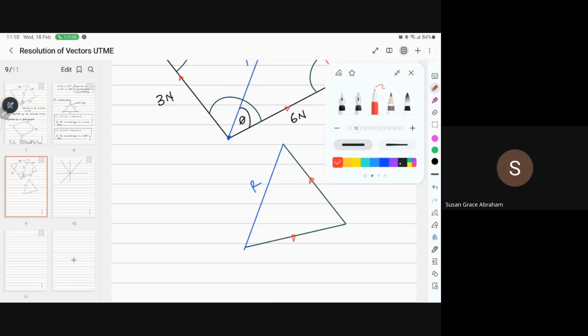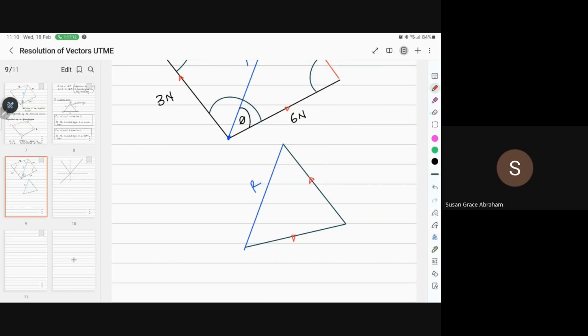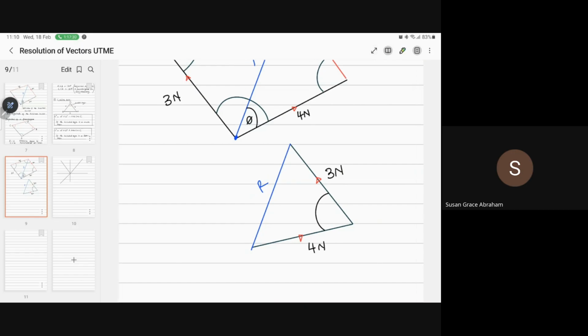So let's reduce to 3 and 4, so that we'll not run into crisis when solving. So this is 4 Newton. Remember that here represents your 3 Newton. Here represents your 4 Newton. Now you can see that there's an angle here. That angle happens to be the included angle I'm talking about.